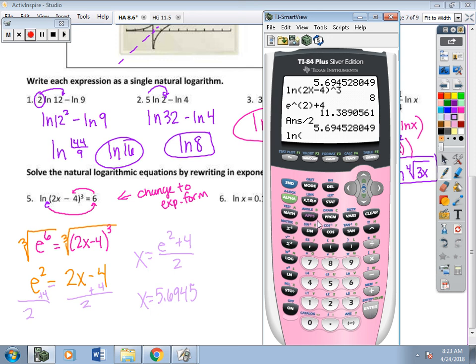Natural log of 2x minus 4 caret 3. I'm getting 8 instead of 6.